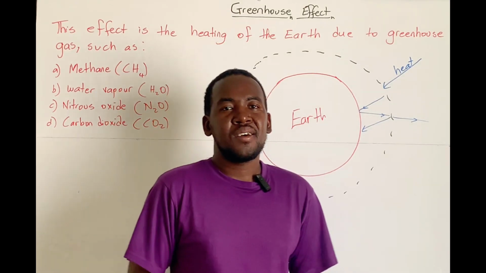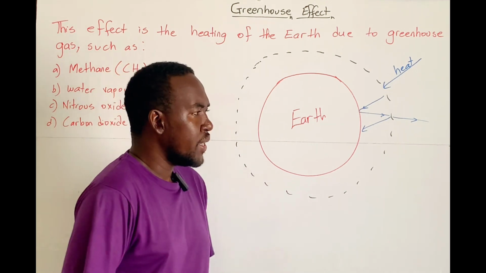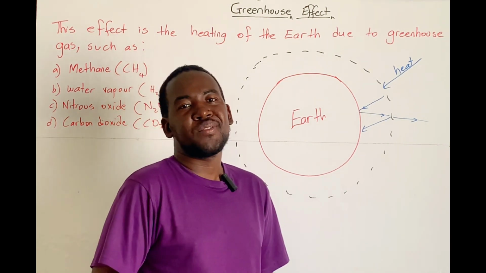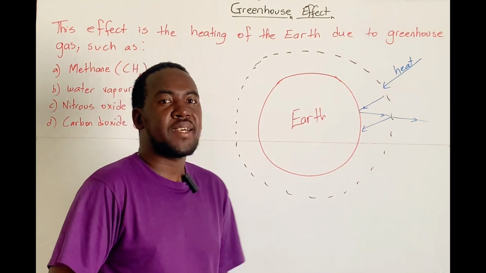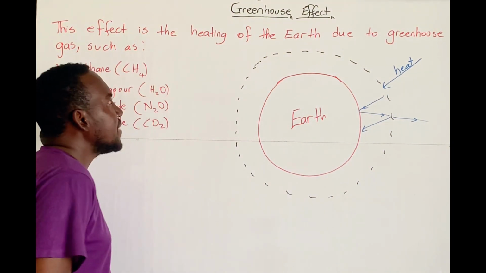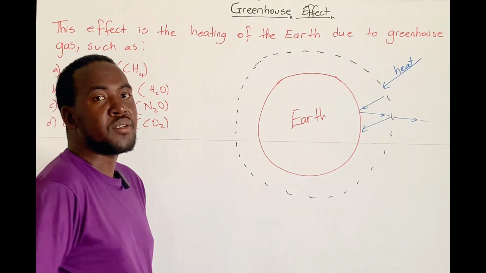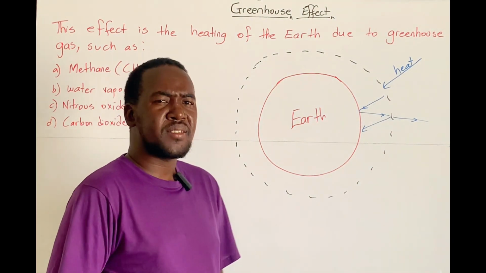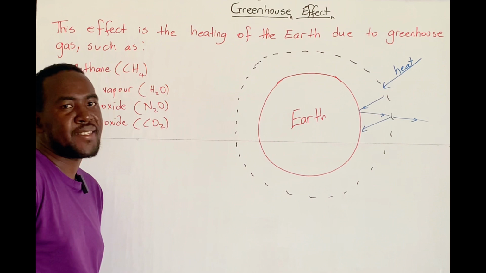The greenhouse effect is primarily known as a basic science principle, which tells us that this is just the extra heating of the earth due to the presence of some greenhouse gases.